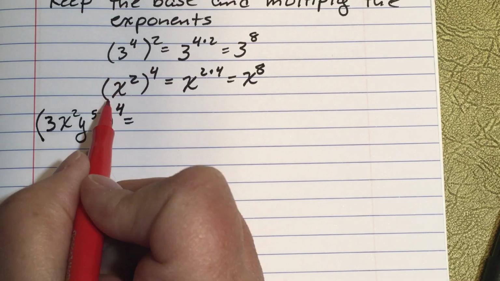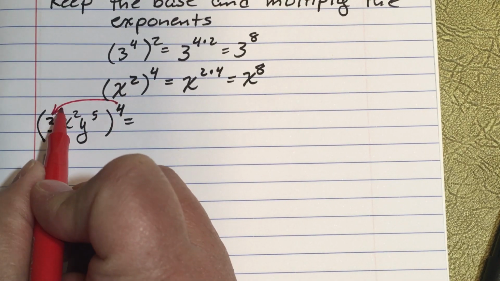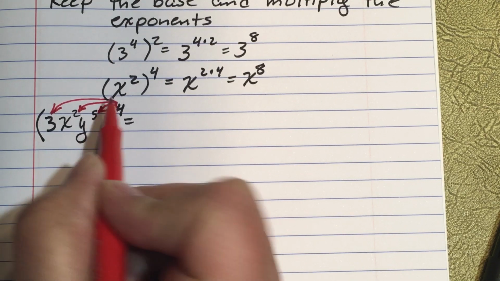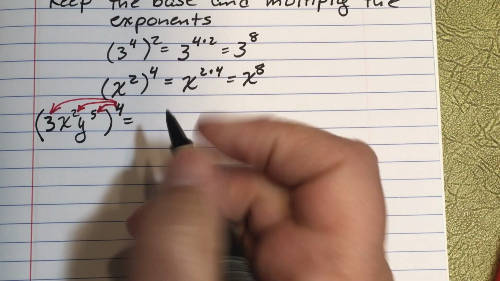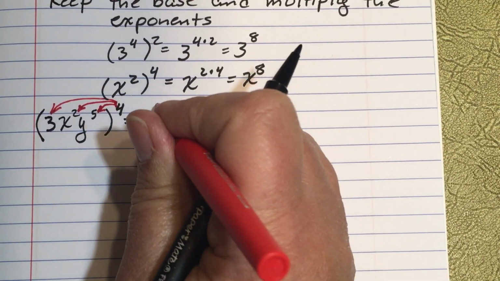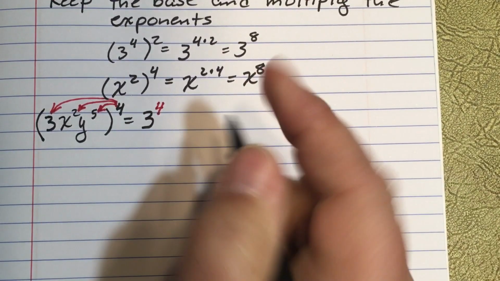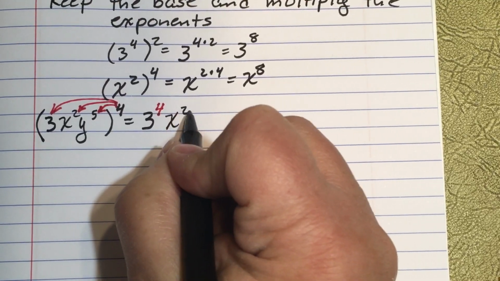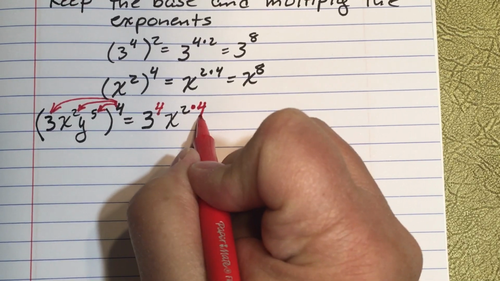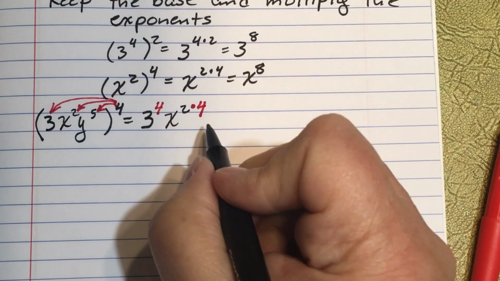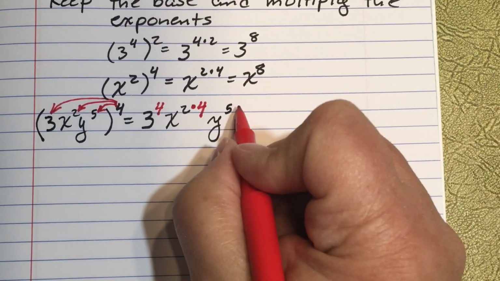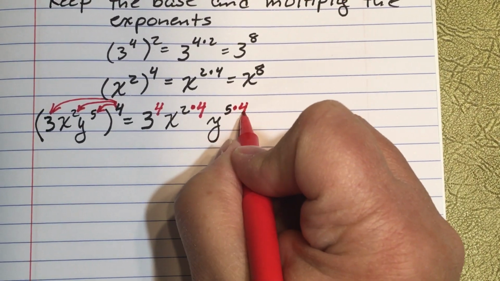The 4 goes to the 3, and that 4 is going to go to the 2, the 4 is going to go to the 5, and that would be 3 to the 4th power, and then my x squared, I would multiply that 2 also times the 4, and I'd have the y to the 5th power also times that outer exponent 4.